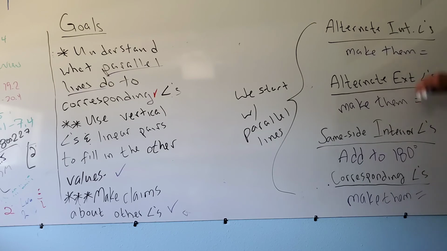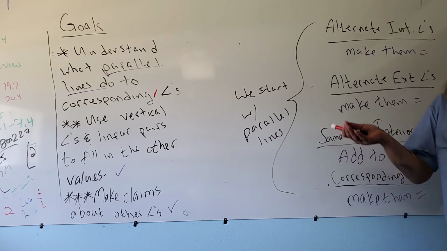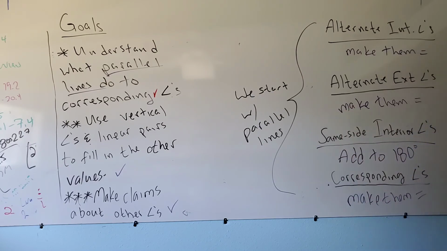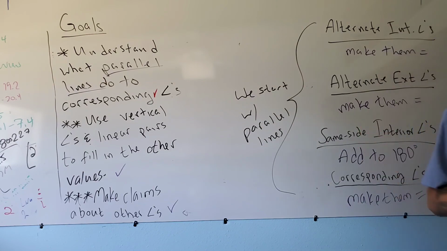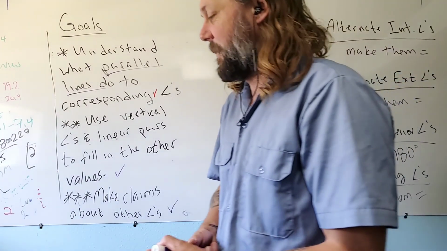So if they're alternate interior, alternate exterior, or corresponding, the other angle has to be equal. If the angles are same side interior, then you have to figure out what other number you need so that the two numbers add up to 180 degrees. That's literally all that this lesson's about.